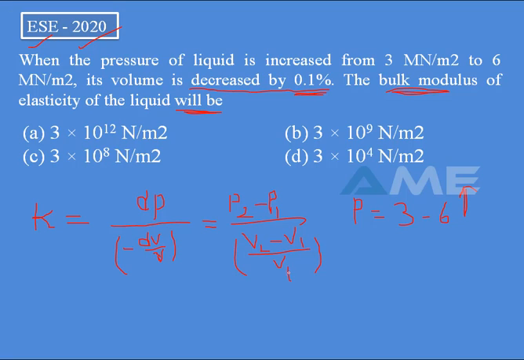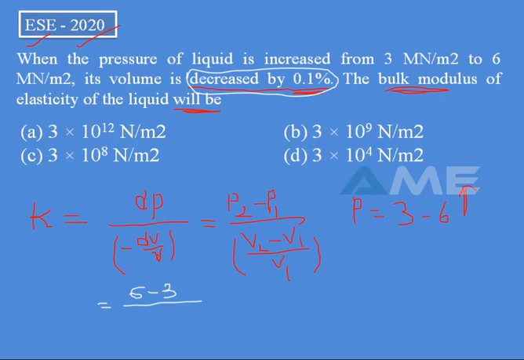And now P2 minus P1 is the final pressure, 6, minus the initial pressure, 3, divided by, and here it is very important, just concentrate on this, decreased by 0.1%.